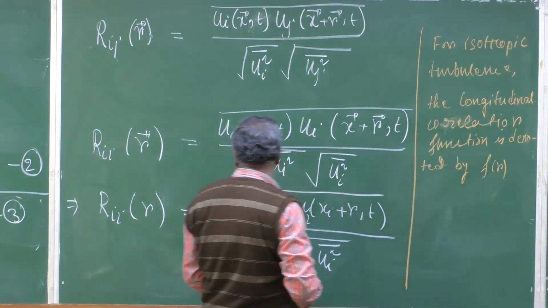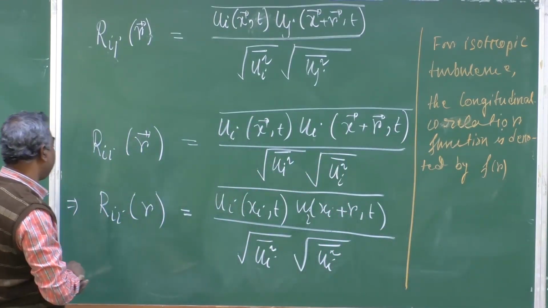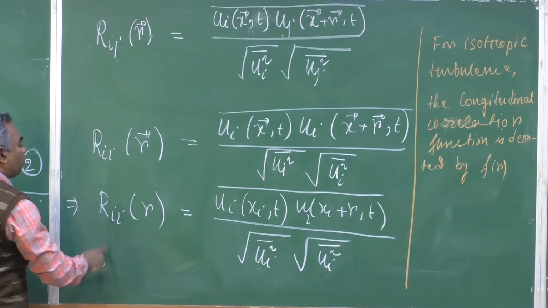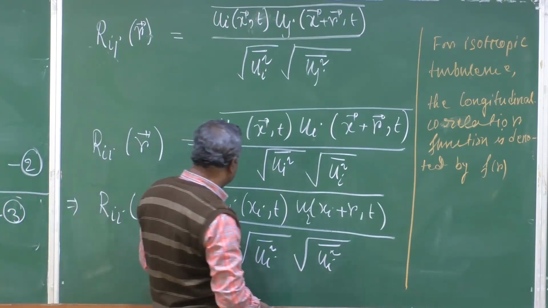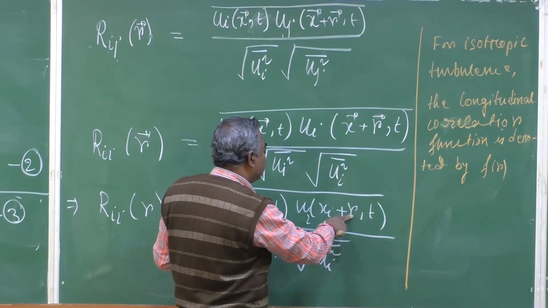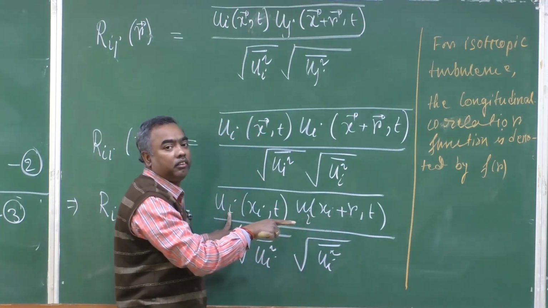That means this particular quantity we are going to call f of r when ui and r are parallel.